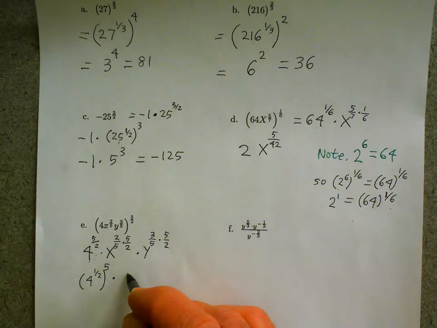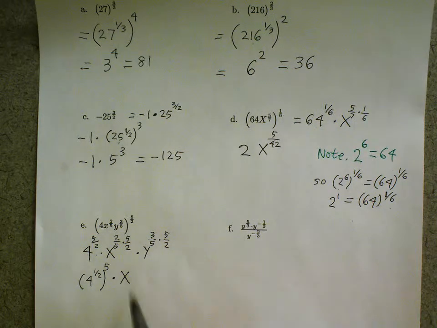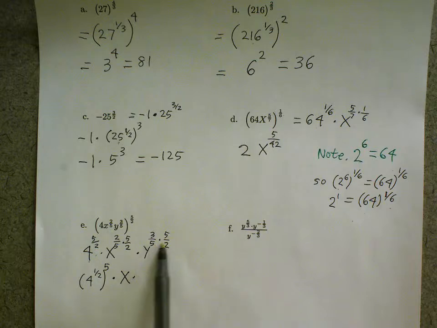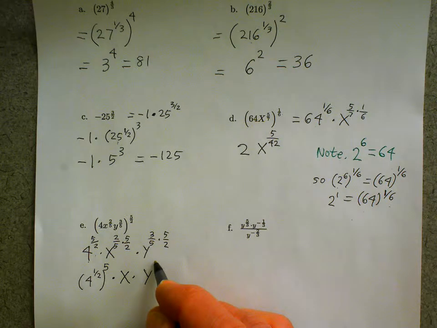10 over 10 is 1, so we just get x to the first, or x. And then y to the 3/5 times 5 halves, multiply 3/5 times 5 halves, we get the exponent y to the 3 halves.